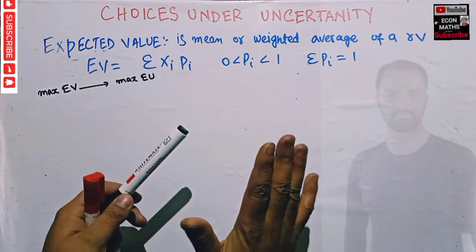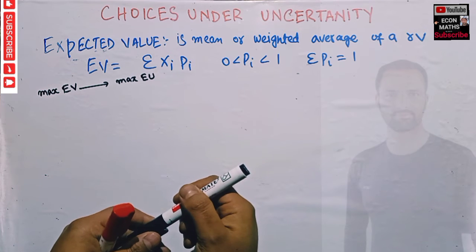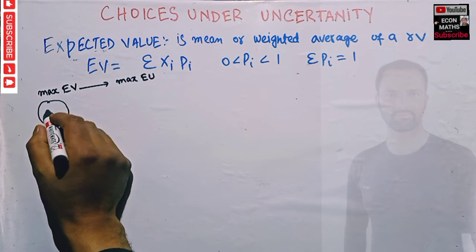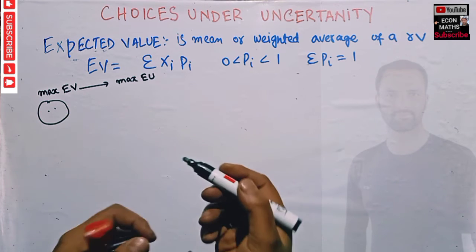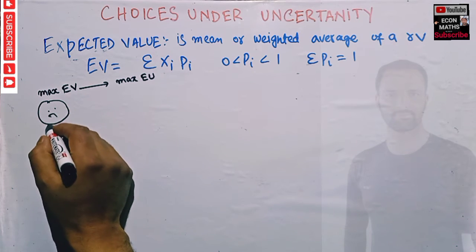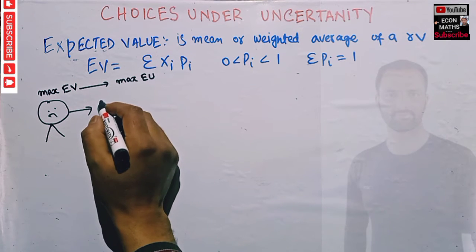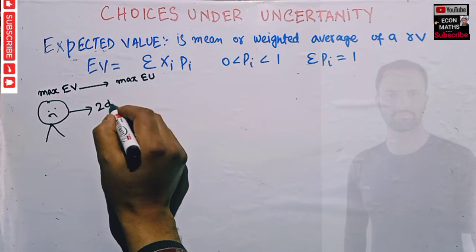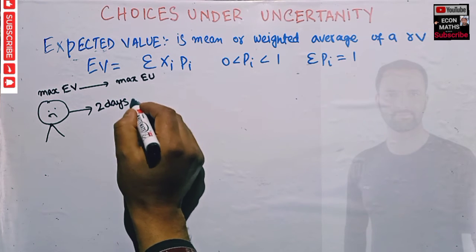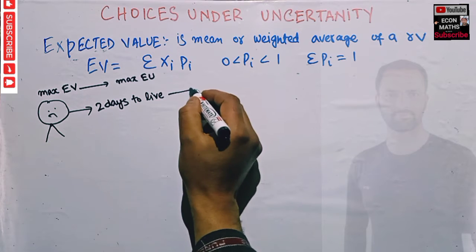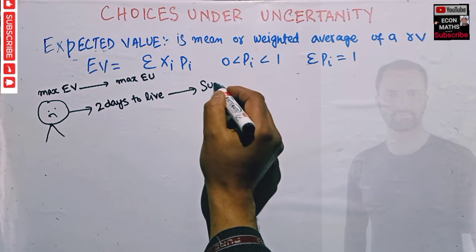I will explain this with an example. Let us say we have a patient who gets sad news from the doctor, and the doctor tells him he has exactly 2 days to live unless he goes for a surgery.